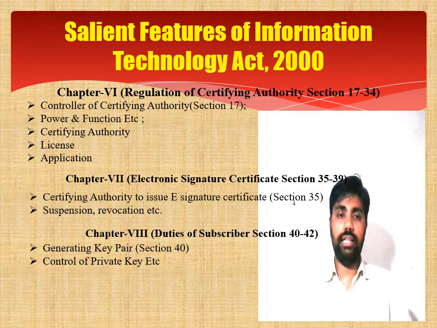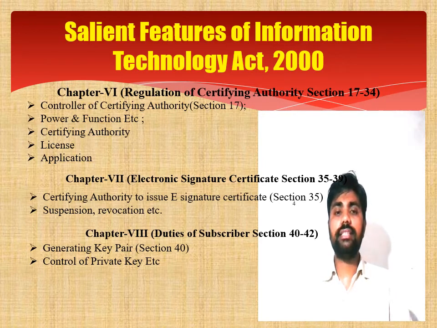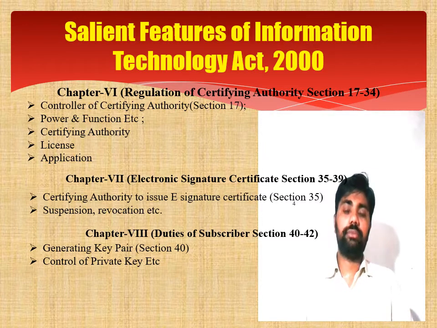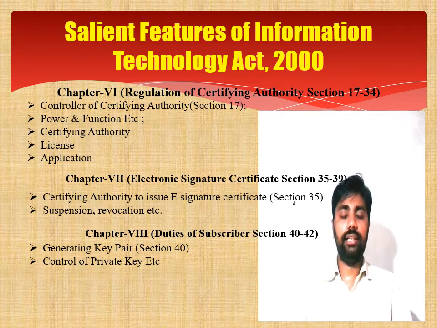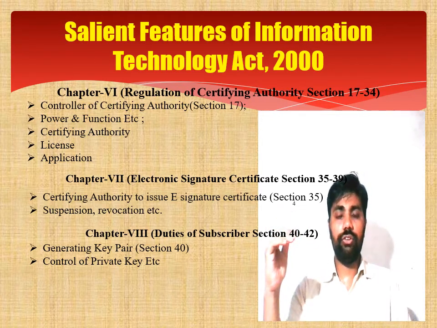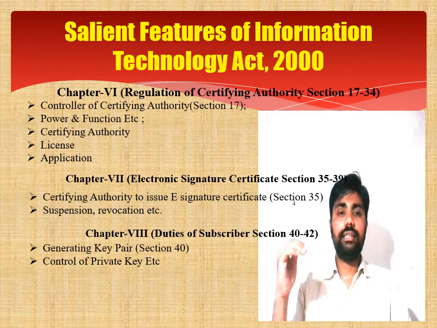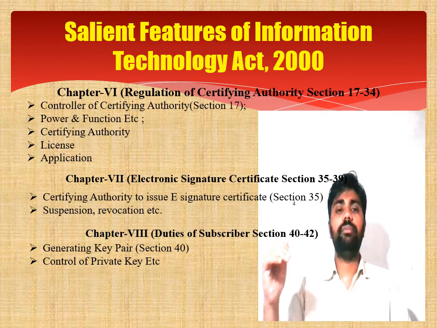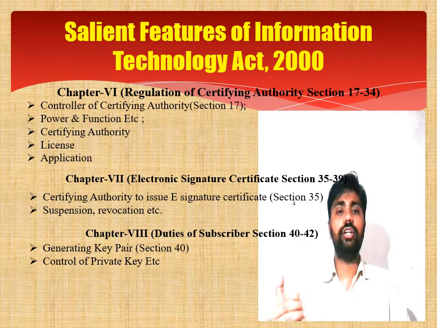digital signature certificate, and the certifying authorities' power and functions are given, and the power to issue licenses has been given to the Controller to issue digital signature certificates to the subscribers. अब प्रॉब्लम थोड़ा सा ये टेक्निकल हो गया। देखिए सबसे टॉप पे जो है वो कंट्रोलर होता है, उसके नीचे सर्टिफाइंग अथॉरिटी होता है, उसके नीचे जो है सब्सक्राइबर्स होते हैं, आम नागरिक, जनरल पब्लिक या कंपनी जो उस डिजिटल सिग्नेचर को यूज़ करते हैं। Certifying authority का क्या काम है?